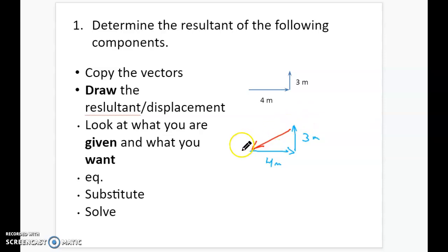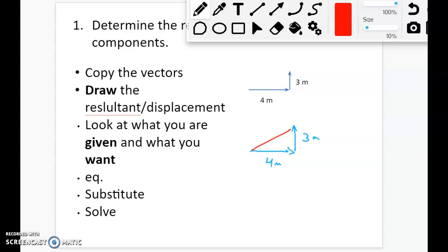This is going from finish to start. That's not a resultant or displacement. Resultants always go from start to finish, like as if it was walking on a path. Okay? So we copied our vectors, we drew the resultant.